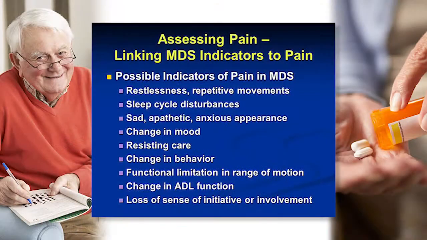So an individual who is marked with having restlessness or repetitive movements, maybe some sleep cycle disturbances, maybe a sad or apathetic mood, maybe an individual who's resisting care or has some of the behaviors that we often associate with neurologic disorders or dementia, those may be expressions of pain in their subtlest way.